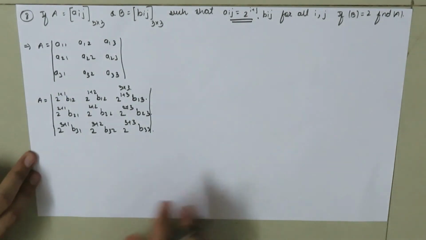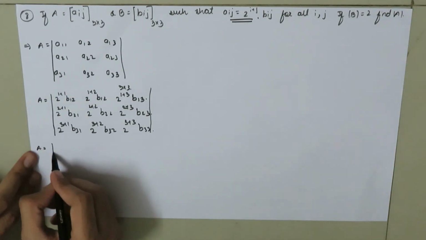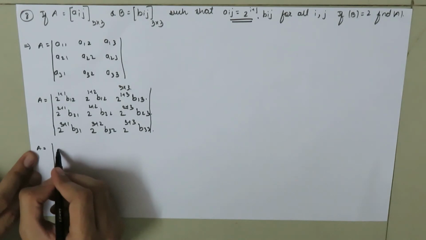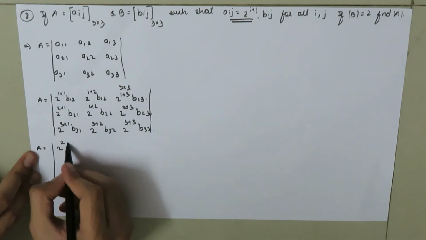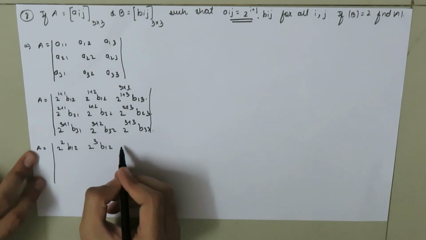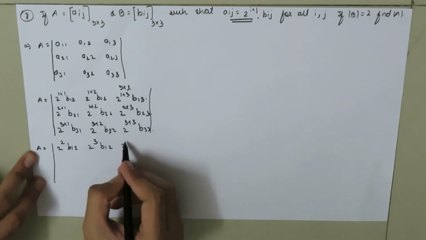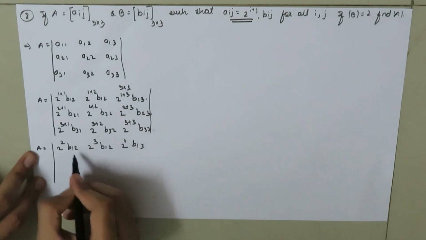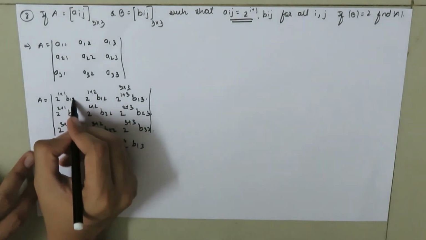And now what we are going to do is we can simplify this determinant. So this will be 2 square B11, 2 cube B12, 2 to the power 4 B13.